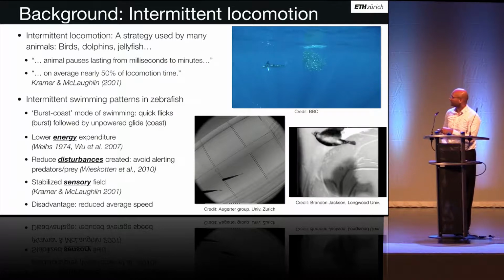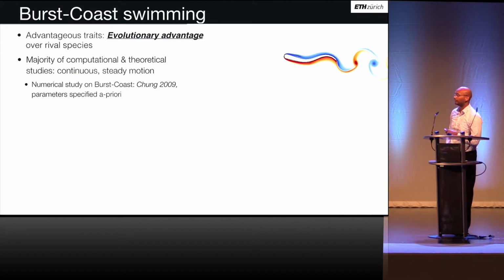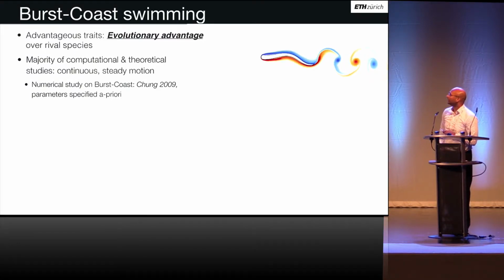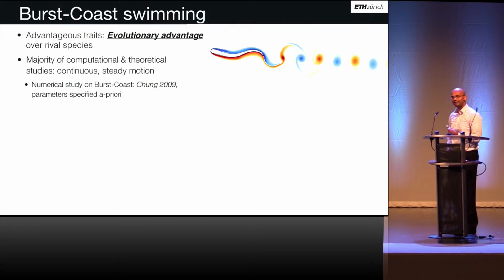Okay, so with all of these advantages, any sort of behavior that gives you an advantage is very important because it can help you compete with rivals. So it gives you an evolutionary advantage. Unfortunately, most studies, both theoretical and computational, of swimming have considered steady motion, as shown here. There have been a few studies looking at intermittent swimming, both theoretical and numerical.